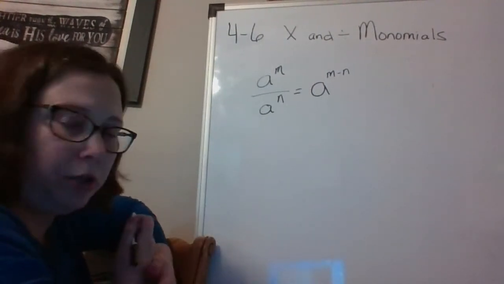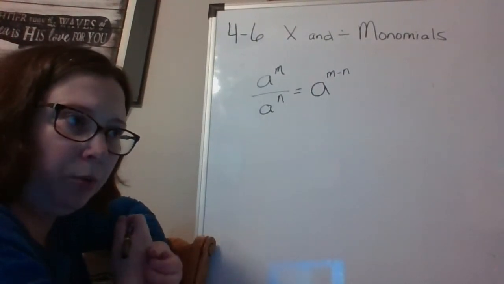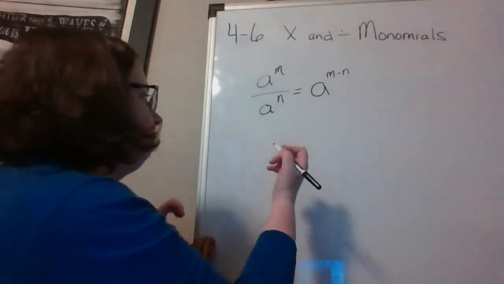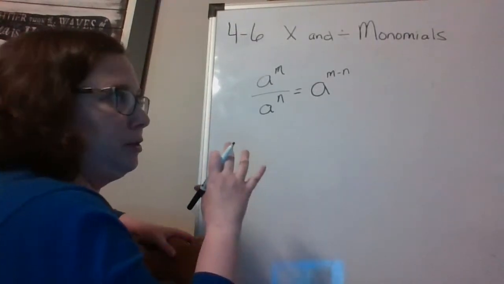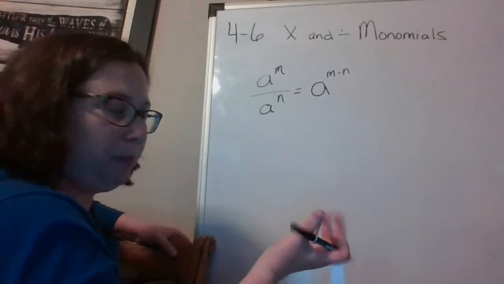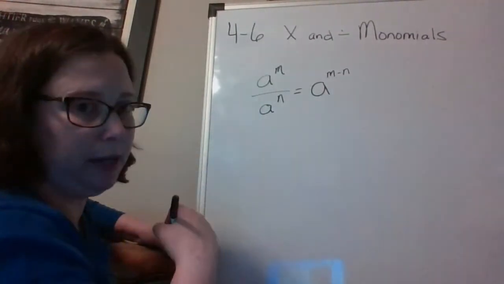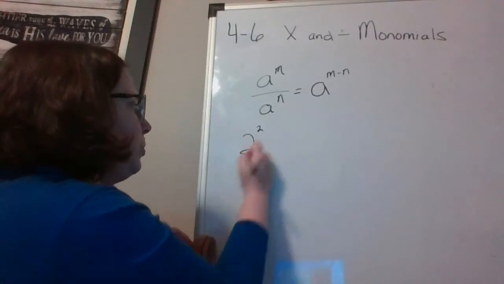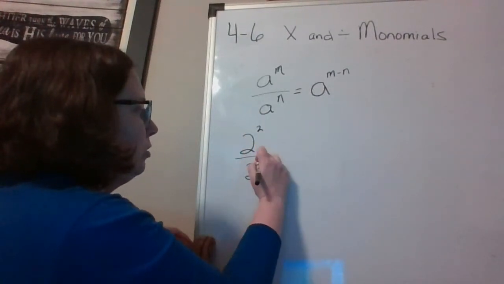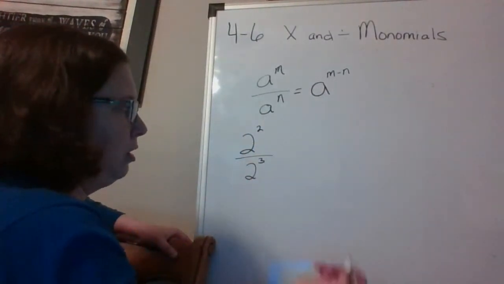The first one I'm going to do is to show you how it works with a small number, so that you can do this again to remind yourselves that it's m minus n if you need to. So say I have 2 squared over 2 cubed.